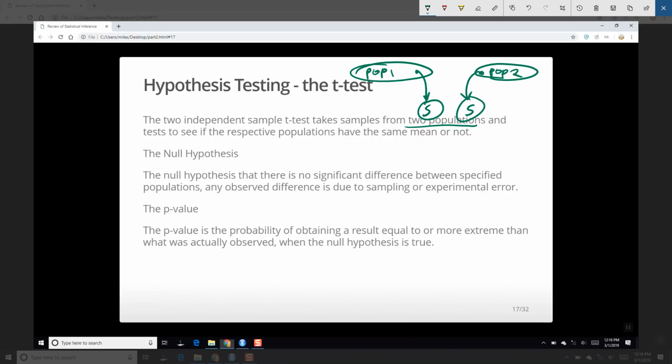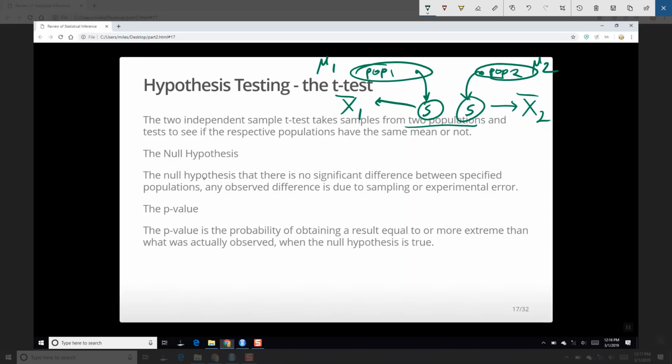This sample will produce X bar 1, and this sample produces X bar 2. We want to know, if we observe X bar 1 versus X bar 2, what does that say about population 1's mu1 versus population 2's mu2? That's what we're trying to answer.